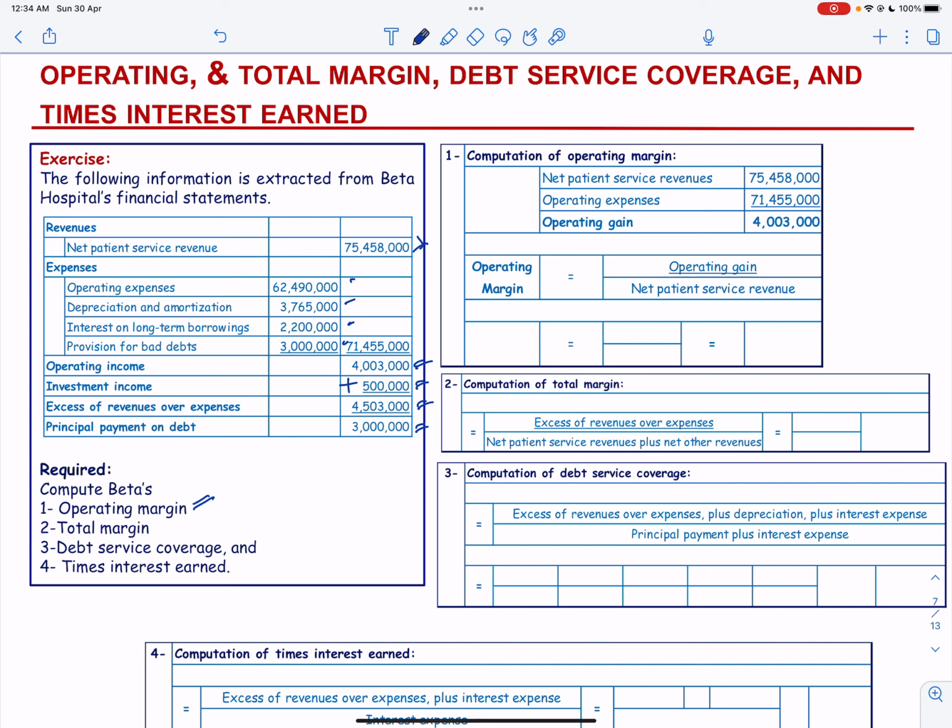They are asking us to calculate the operating margin, and operating margin is net patient service revenue minus the expenses, that is 71,455. That gives us 4,003,000.